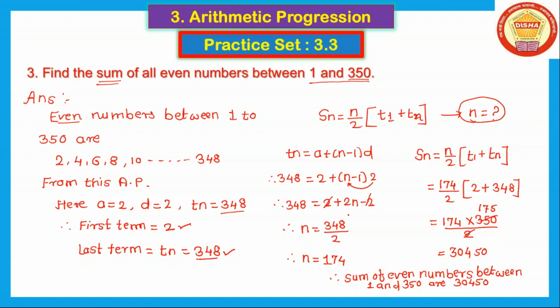Means the sum of even numbers between 1 and 350 is 30,450.